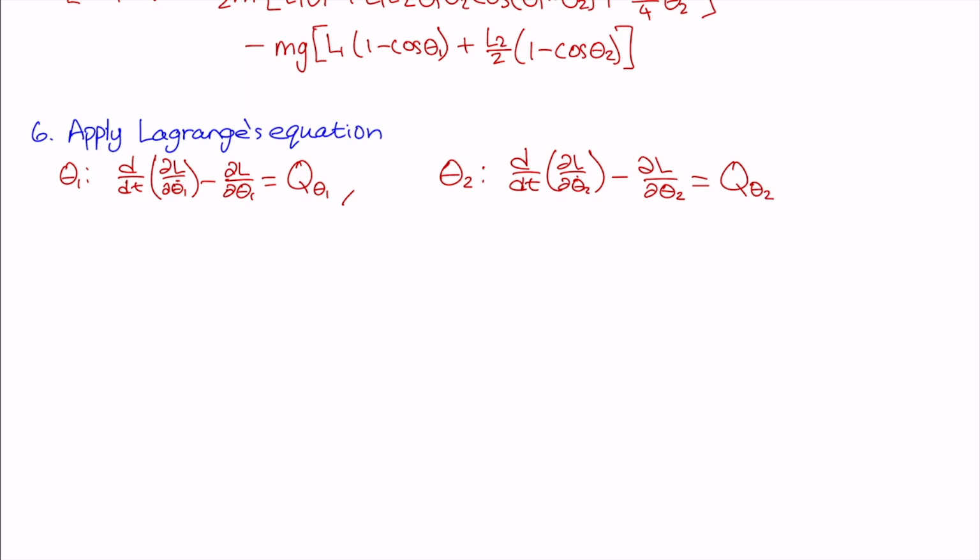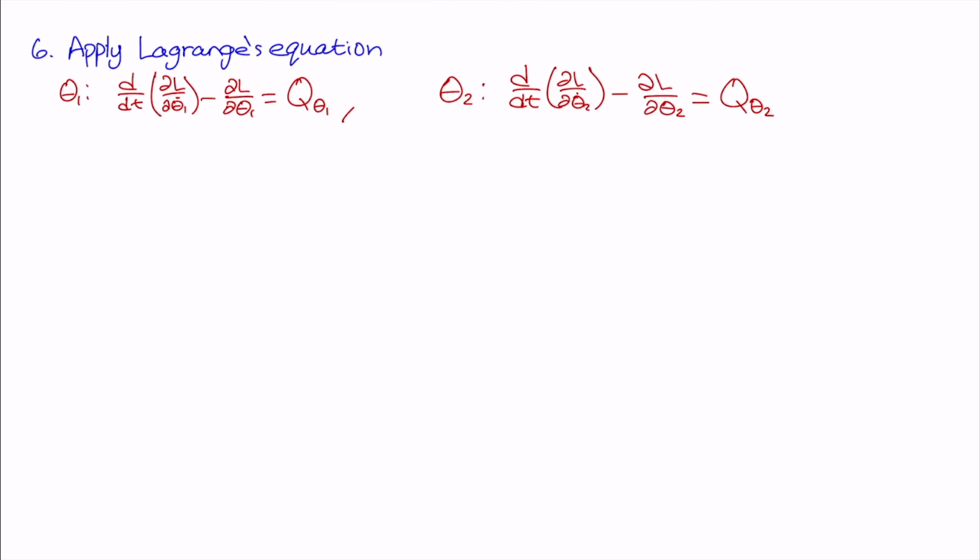Okay, we're going to work with theta 1 first. We're going to construct each of their components, and then we'll combine them to form the equation of motion. In fact, we'll just do components for each of these, then we'll assemble them, and then we'll do theta 2. So we're going to start off with the d over dt of partial L over partial theta 1 dot.